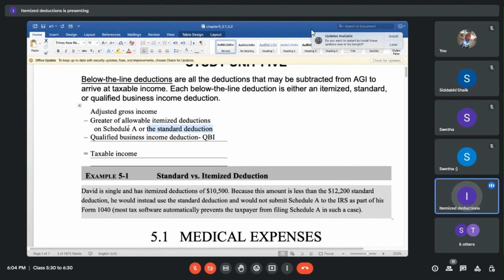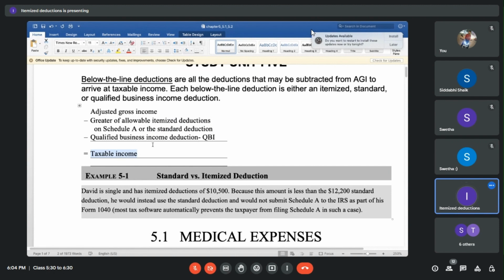So these are called below the line. After we do all these adjustments, after seeing what is applicable, what can be taken, then we come to taxable income. And on taxable income, the tax slab will be applicable and some kind of tax will be calculated. After that, the tax which is derived from taxable income can also be reduced by something called credits.